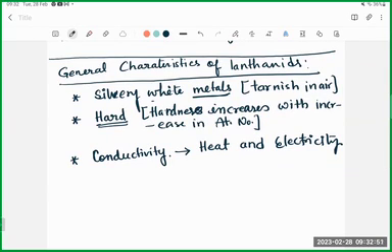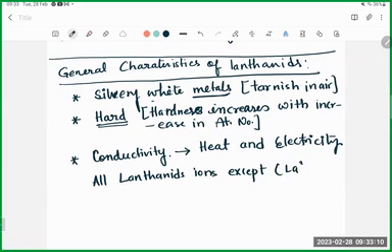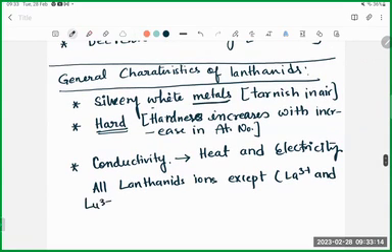So here I would say some ions, like all lanthanide ions except a few, for example La3+ and Lu3+. Except these, all are colored.